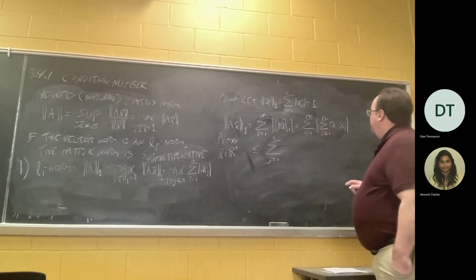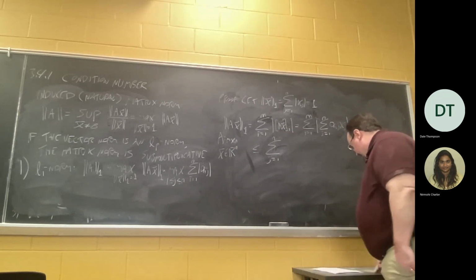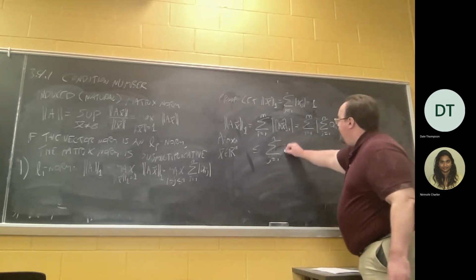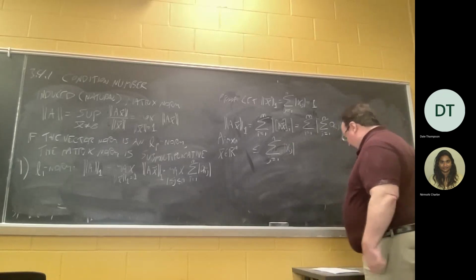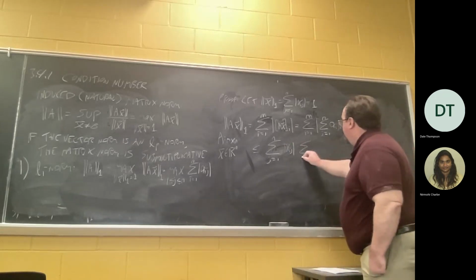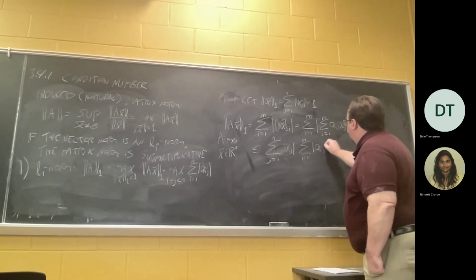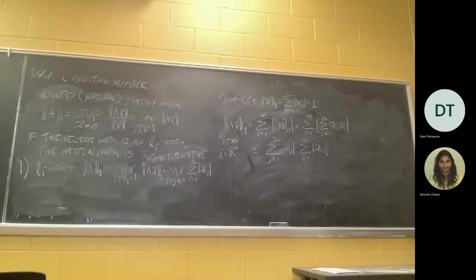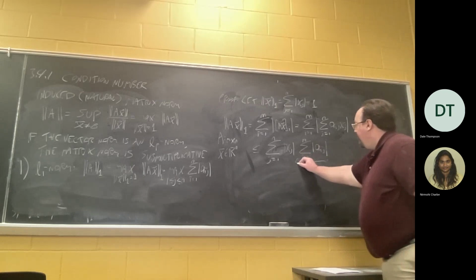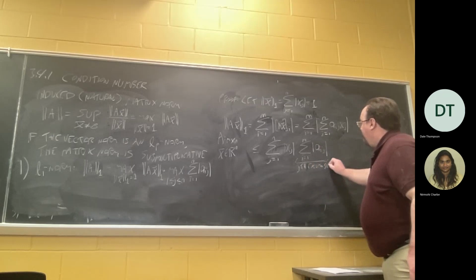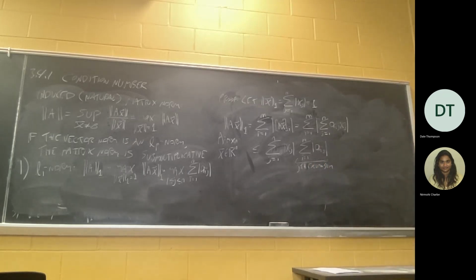Then I take the absolute value of xj and move it out, and I have a sum over i on the inside of the absolute value of Aij. But this is the sum of the absolute values of all the entries that are in column j.